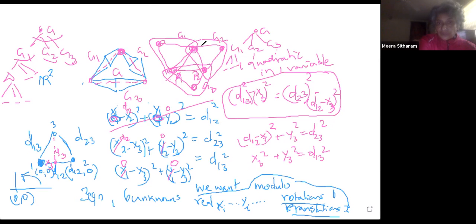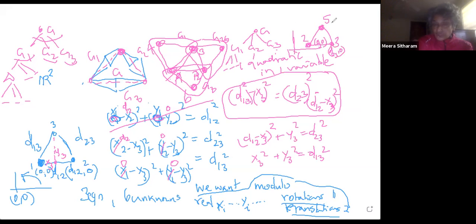I could have just done 1, 2, 3, 4, 5, 6. And if you had already solved 2, 3, 5, you would have placed 2, 3, 5. You solve that triangle, you would have put 2 at 0, 0, and this point at whatever, D2,3, 0. And you would have found the coordinates of 5 in the local coordinates. You think of it as a local coordinate system of this triangle, where you have placed 2 at the origin.